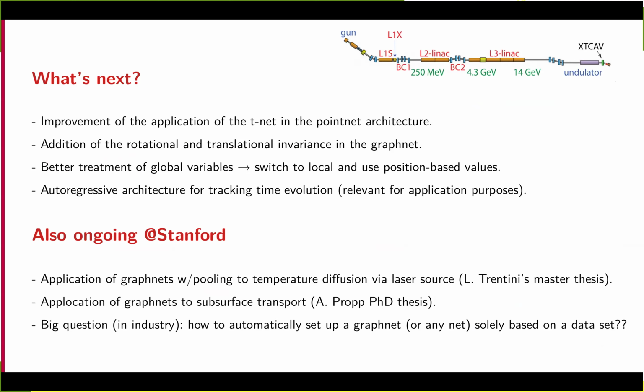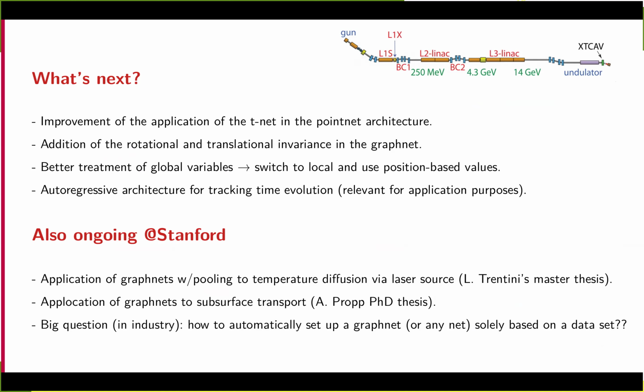Now, what are we working on? We're working on the autoregressive architecture to track time evolution. And in this specific case, we need several modifications to the network to incorporate changing settings as the position changes.